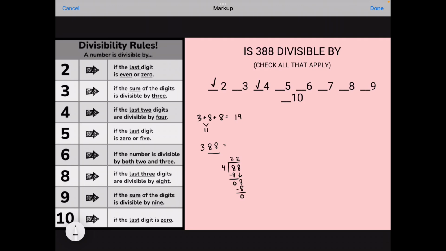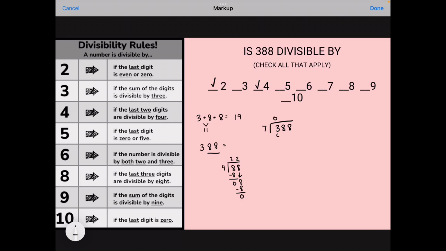For 6, I just have to check. If I have a check mark next to the 2 and 3, then yes, 388 would be divisible by 6. But since there's not a check next to the 3, I know automatically that 388 is not divisible by 6. For 7, you probably noticed already, there's not a nice little trick for 7. So to see if 388 is divisible by 7, I actually have to do the hard work of dividing.